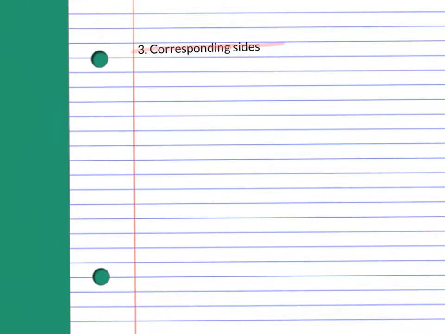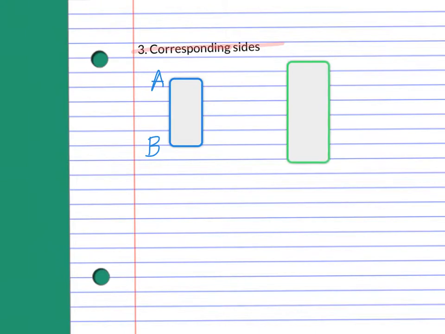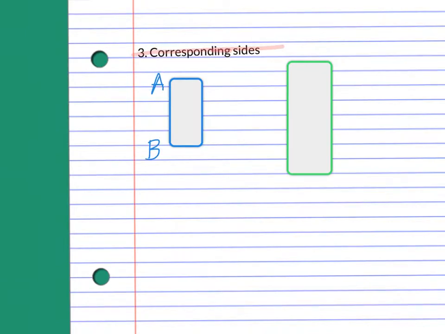Third, corresponding sides. So pick an image like I did before. Let's go here with a rectangle. If I were to label this side as side AB, and then I were to take that same type of rectangle and copy it as an image, let's say almost twice the size, just estimating here, and let's say this were side length DE.